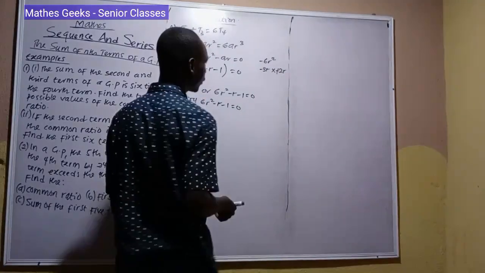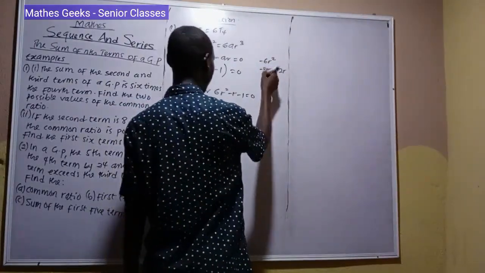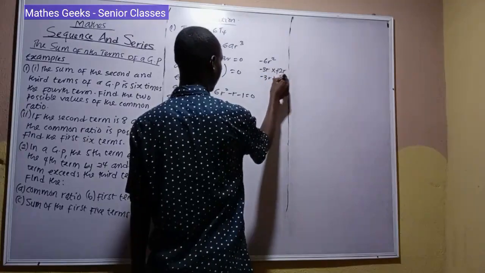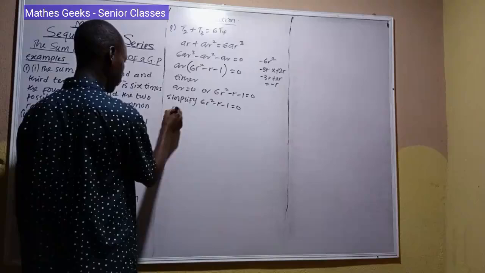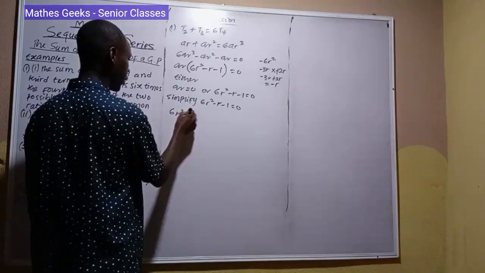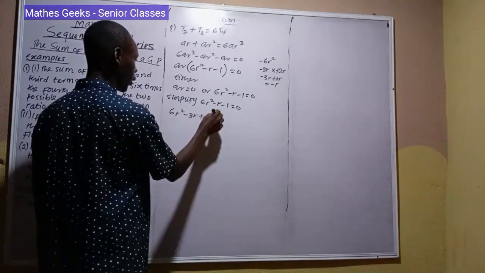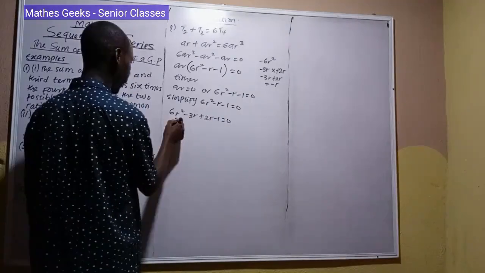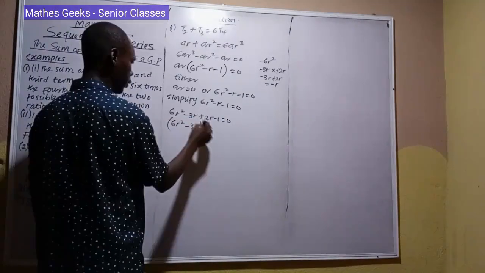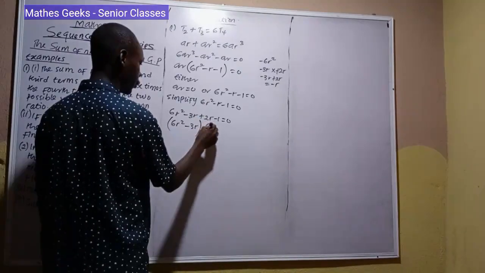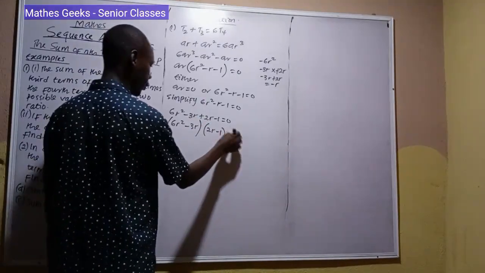Minus 3 times 2 gives minus 6R squared, and minus 3R plus 2R gives minus R. So 6R squared minus 3R plus 2R minus 1 is equal to 0.